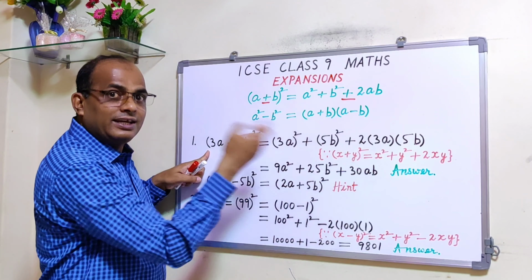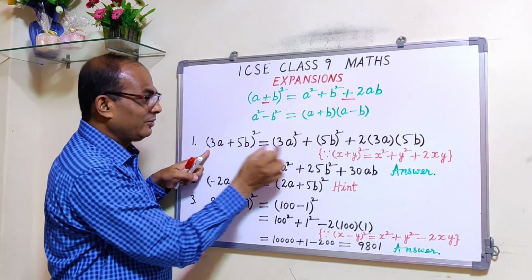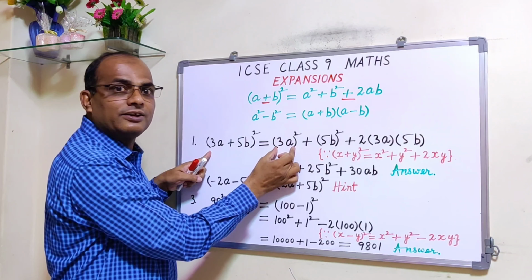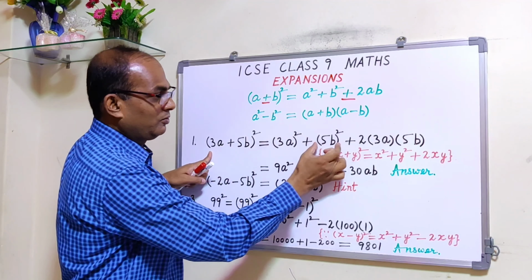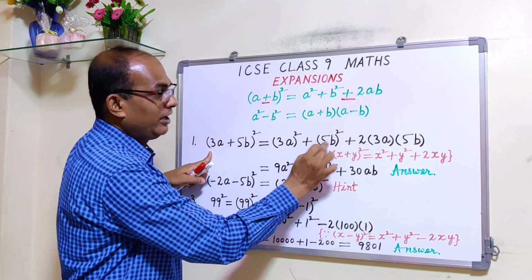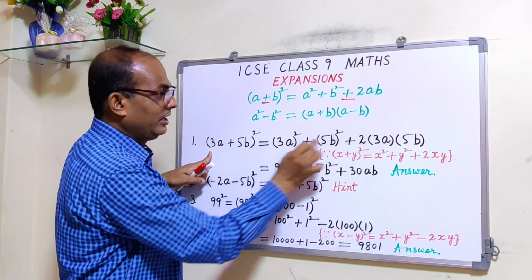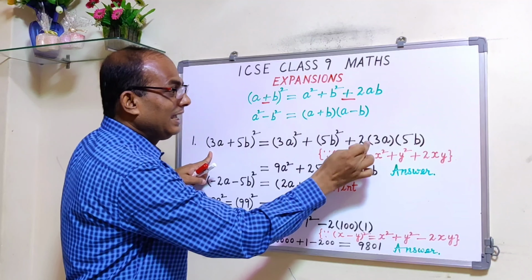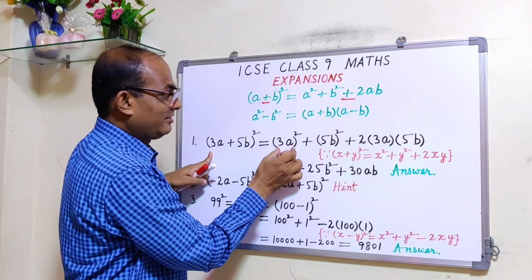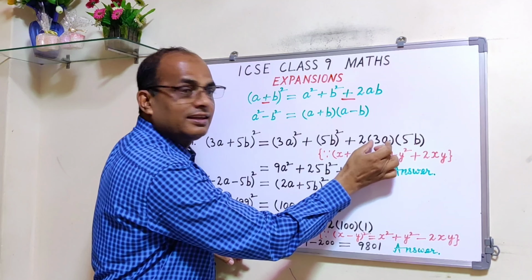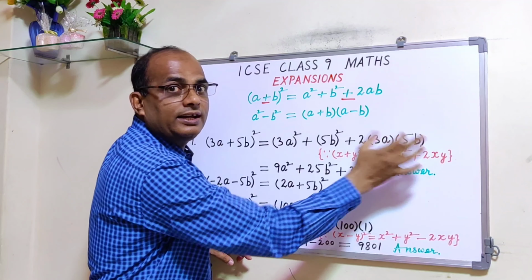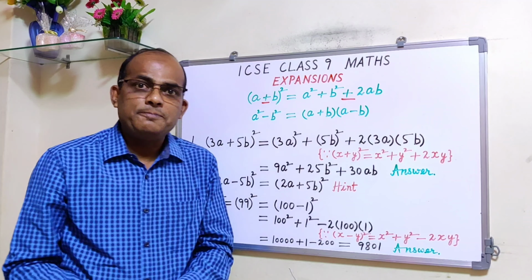In our case x is 3a, so x square means 3a whole square. Plus y square, y means 5b, so plus 5b whole square. Plus 2xy, this is x, 3a, and this is y. That is how we apply the formula.